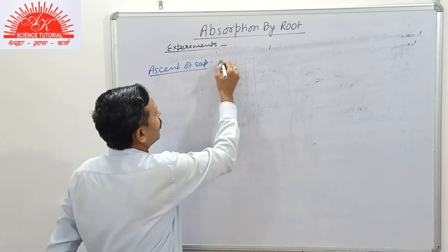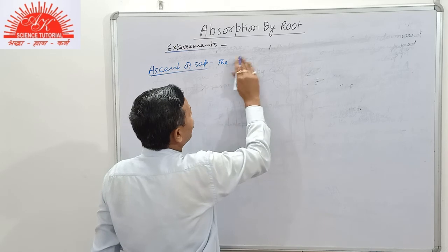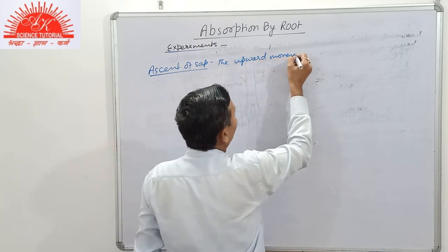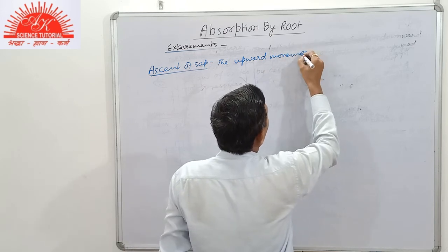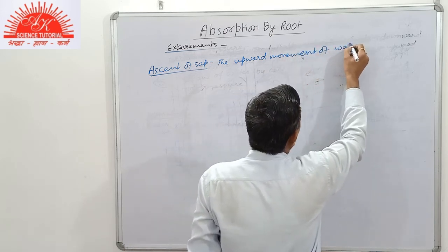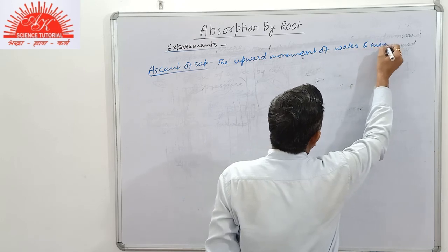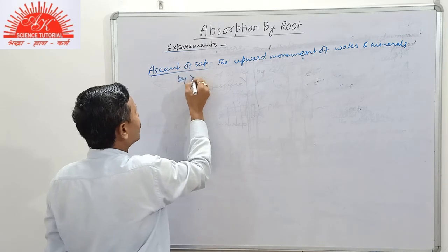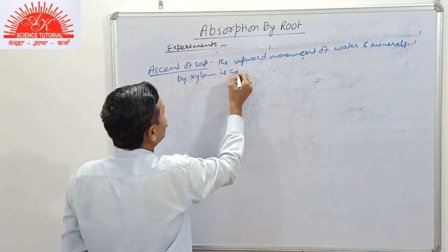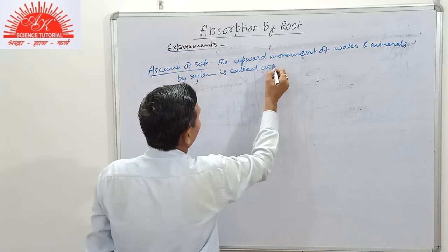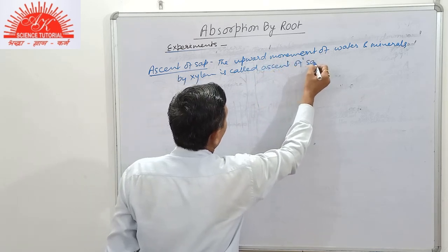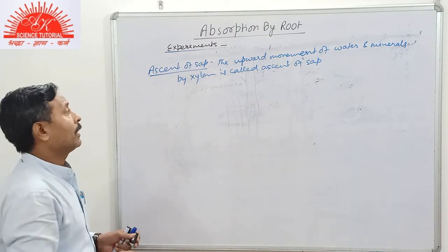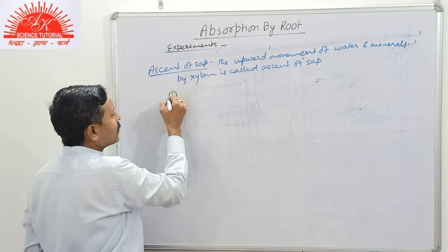We use the term ascent of sap for the upward movement of water and minerals through xylem, by xylem vessels. So this transport takes place due to certain forces.